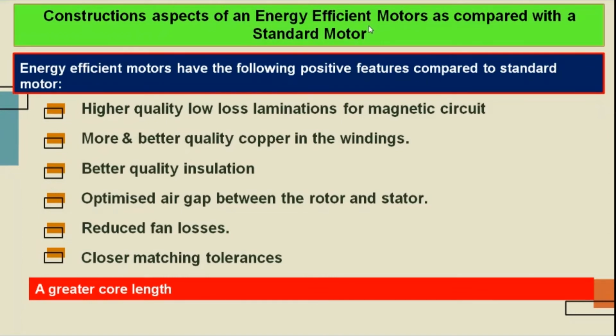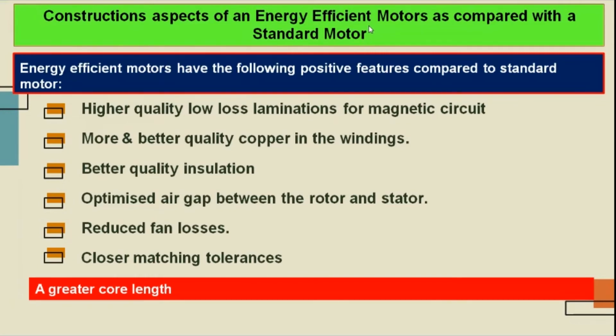Then it will have more and better quality copper in the winding. This we are talking about the energy efficient motor, and we are comparing it with a standard motor. So an energy efficient motor will always have higher quality, low loss laminations for the magnetic circuit, and it will have more and better quality copper in the windings.